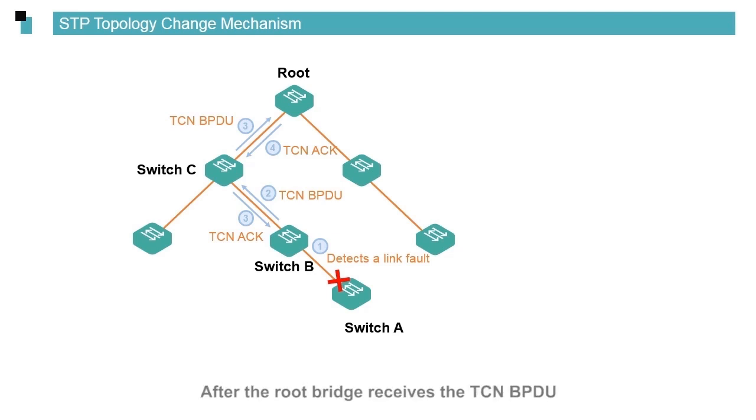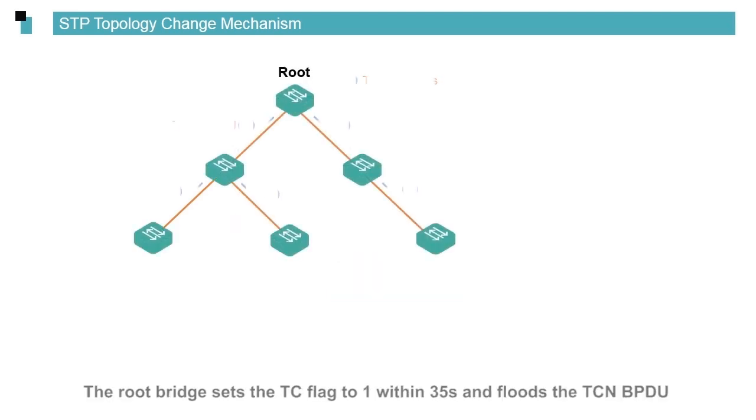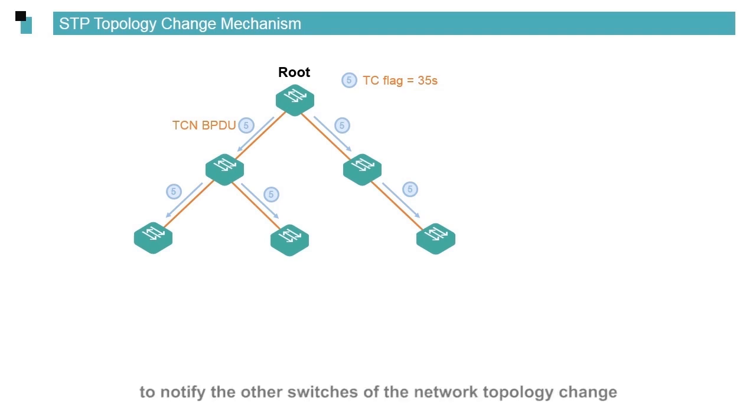After the root bridge receives the TCN BPDU, the root bridge also replies with an ACK BPDU. The root bridge sets the TC flag to 1 within 35s and floods the BPDU to notify the other switches of the network topology change.